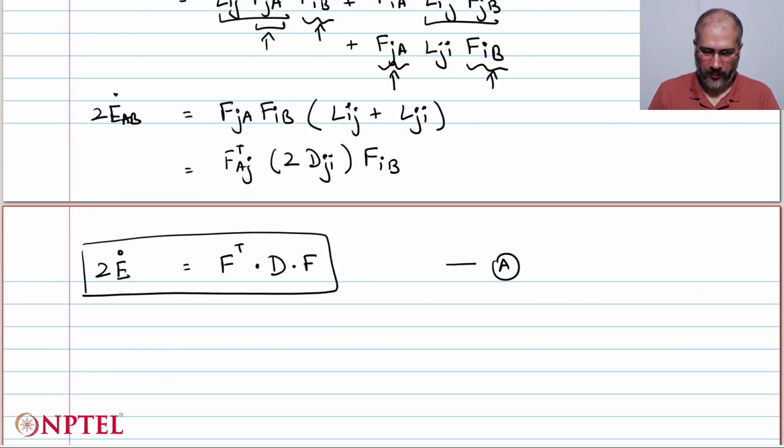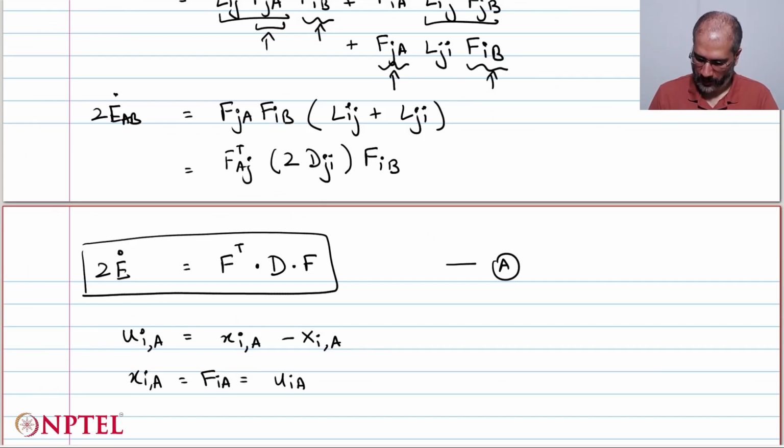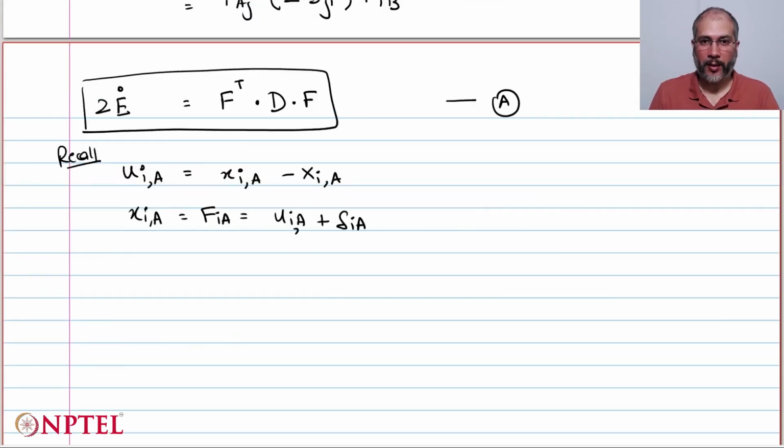Now let's recall what displacement was. So ui was defined as xi minus capital Xi. If I take a derivative with respect to capital XA, this is what we get. So we can write xi comma A, which basically is FiA, as ui comma A plus delta iA. Now we apply the condition for small deformations.